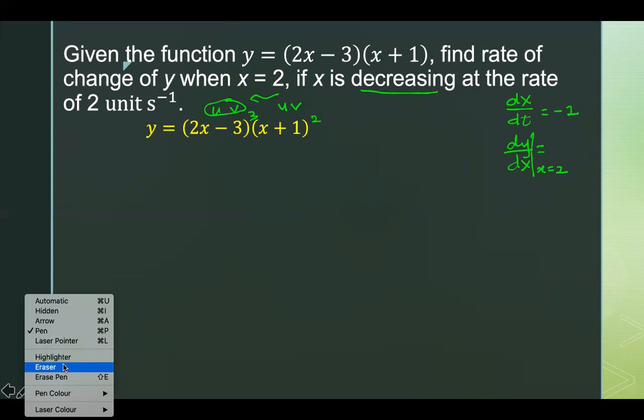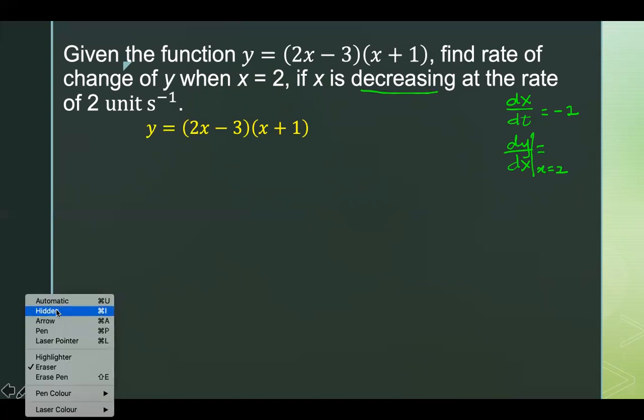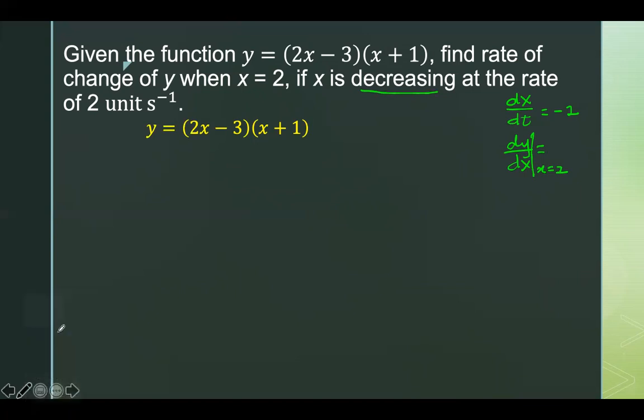If not, don't use it, because it's troublesome. Expand first. So how do you know in the exam whether to expand or use the product rule? Again, you look at whether there's a power in the algebraic expression or not.